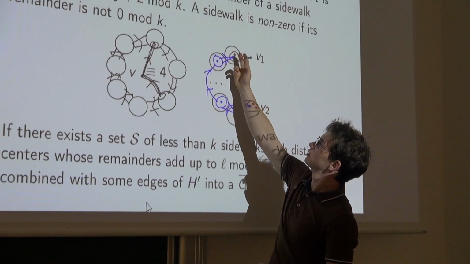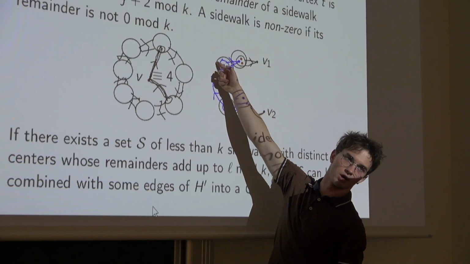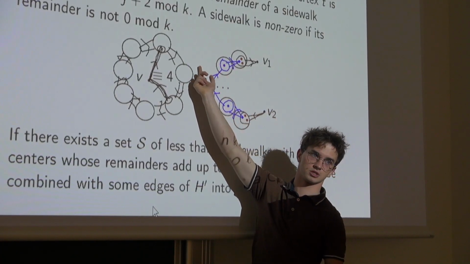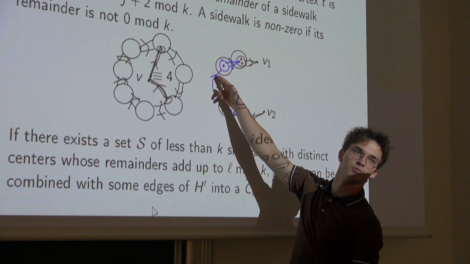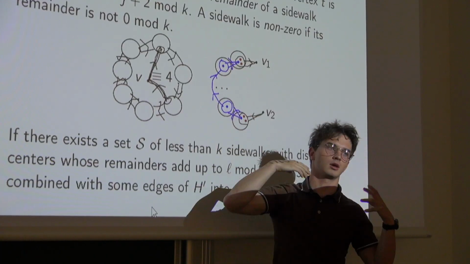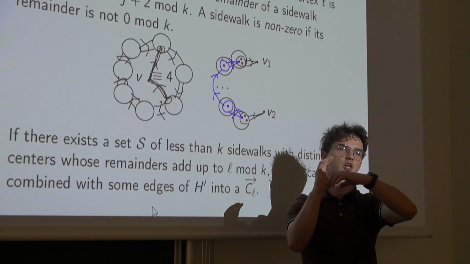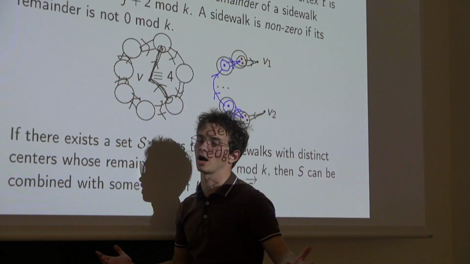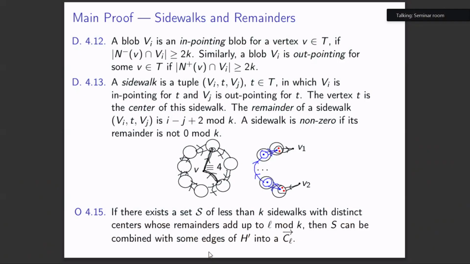So we simply go forward, go back once. We have more than 1/2 of all the vertices in the blob, and we simply make a path to the blob before it. We look at the out-neighbors and the in-neighbors, and they intersect, as they're both greater than 1/2 of the blob. That's simply how we combine the remainders.